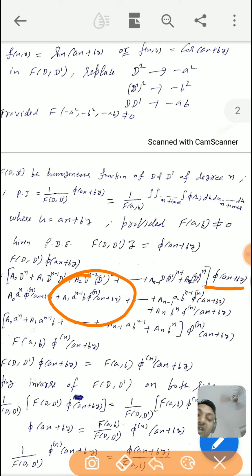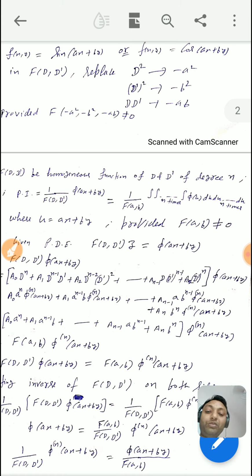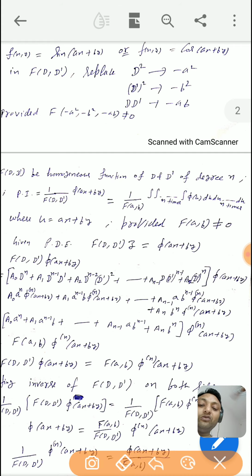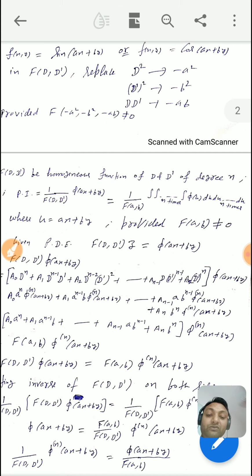This gives the nth derivative of phi with respect to ax plus by, because we are differentiating partially n minus 1 times with respect to x, so a power n minus 1, and we are partially differentiating with respect to y one time, so there is only one power of b. Similarly, we operate each term on this function and we get this result.